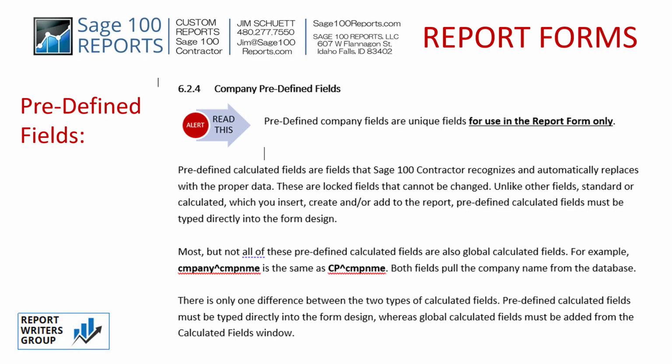You can't just drag and drop them into the form from other places. Most but not all of these predefined calculated fields are also global calculated fields. They look a little different there though, but for example, company caret company name is the same thing as CP caret company name. Both fields pull the company name from the database.